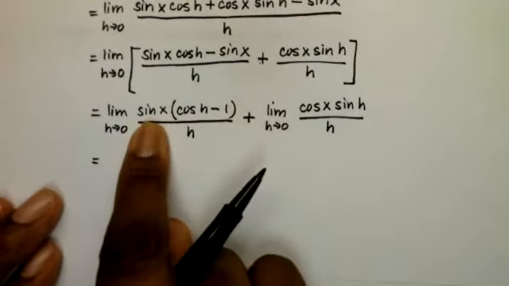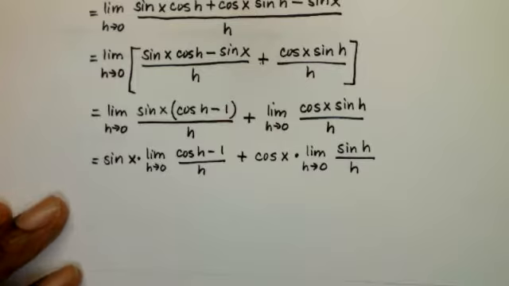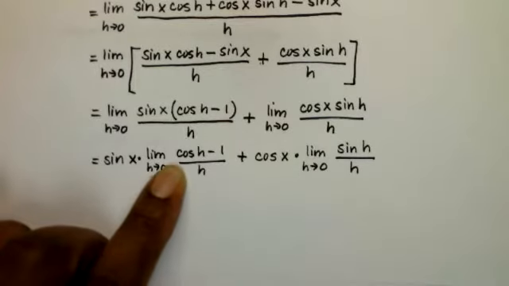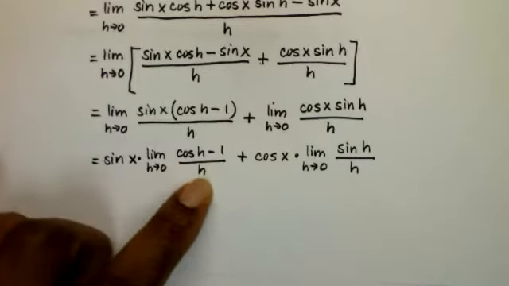Okay, now I'm going to use those trigonometric limits that we talked about. For this one, the limit as h approaches 0 of cosine of h minus 1 divided by h follows this limit right here. That's going to be equal to 0.